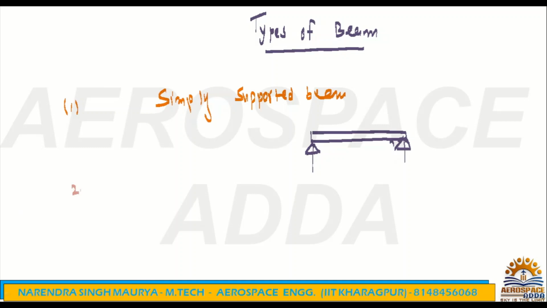Coming to the another one, what is that? Overhanging beam. How is overhanging beam possible? Simple.